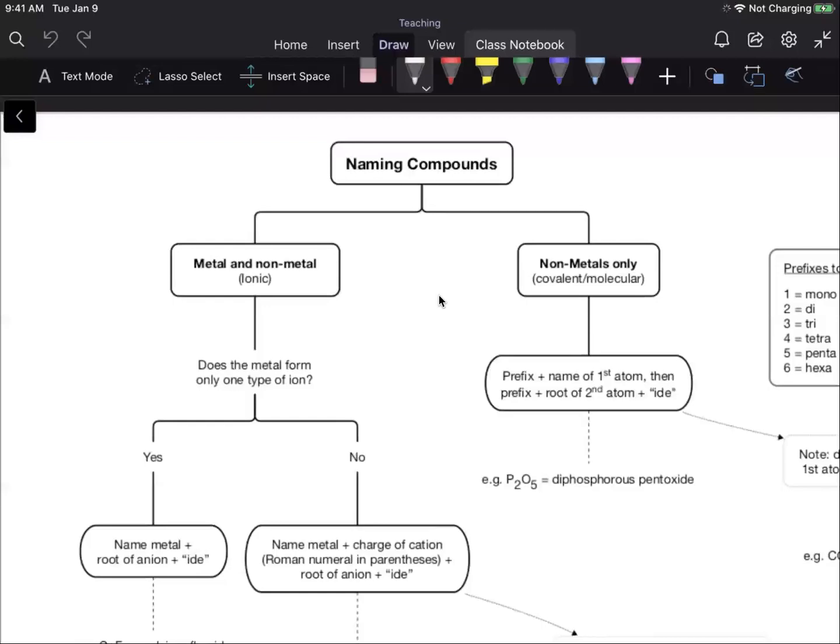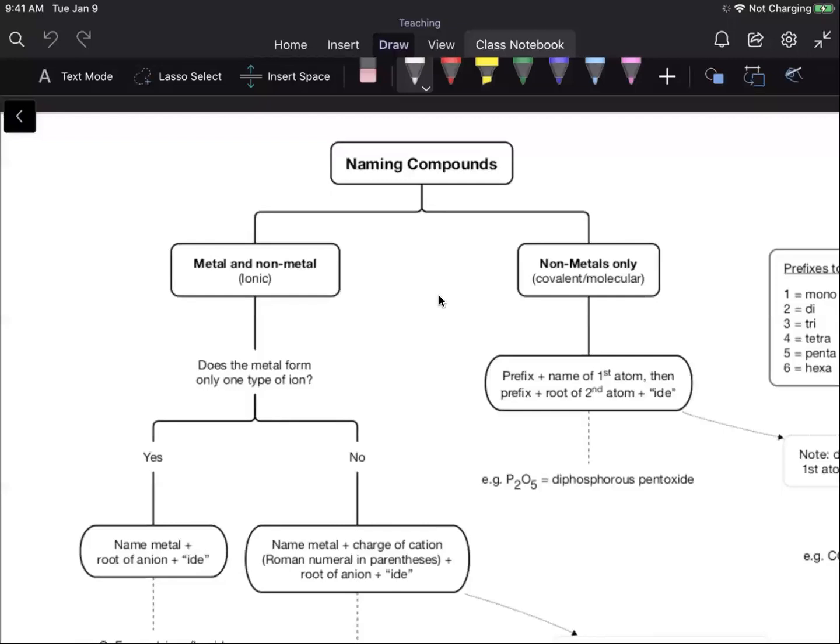The metal will be charged positively, that's your cation, and the nonmetal will be charged negatively, that's your anion. When those join together, they make a compound, and that compound has a neutral charge. So the charge from the metal has to balance out the charge from the nonmetal.